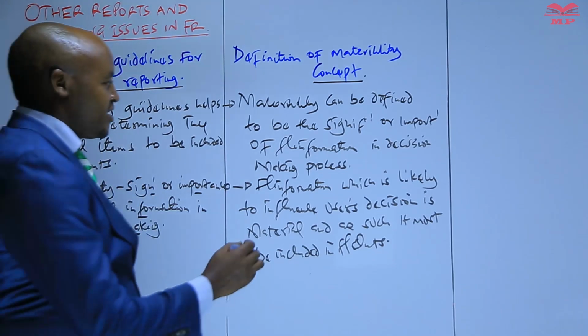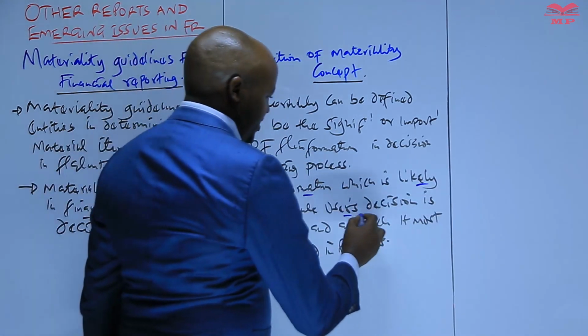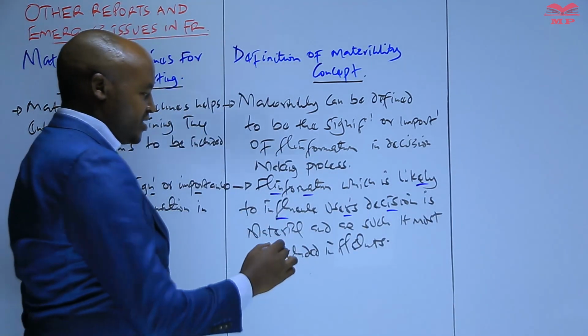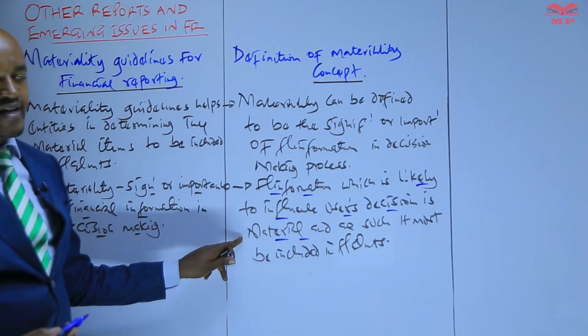So that information which is likely to influence, or likely to affect, the decision which will be made by the user, we are saying that information is material.